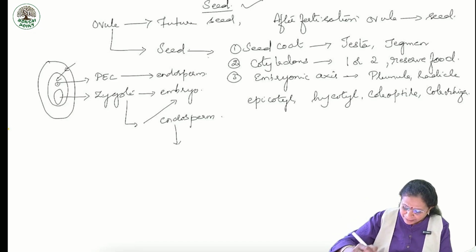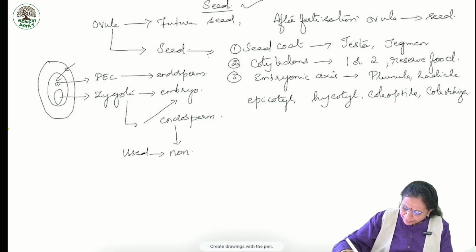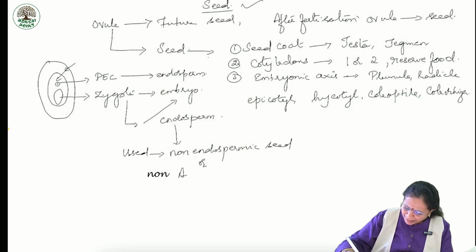If the endosperm is used up completely, then the seed is said to be non-endospermous or exalbuminous seed, also called non-albuminous seed.